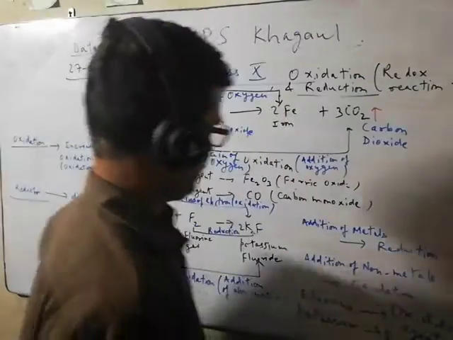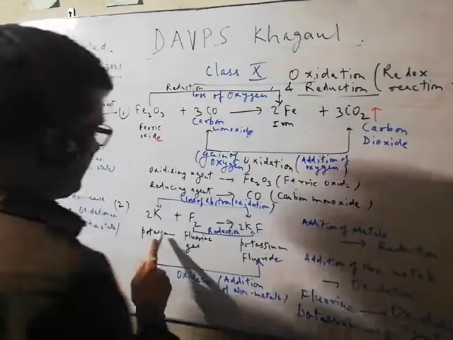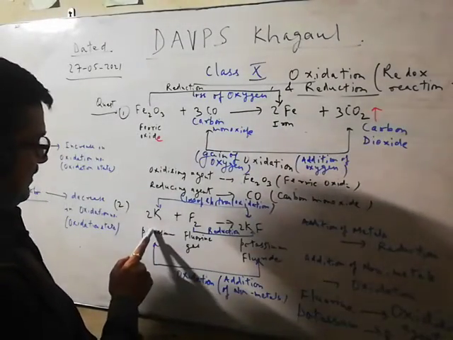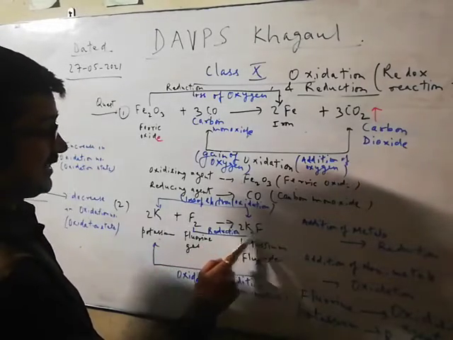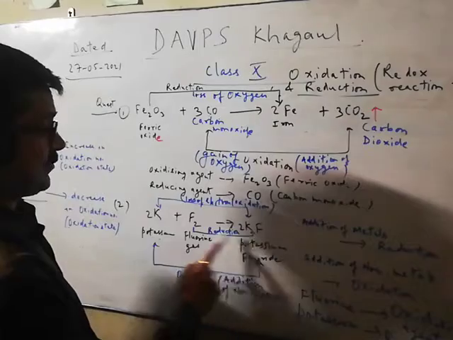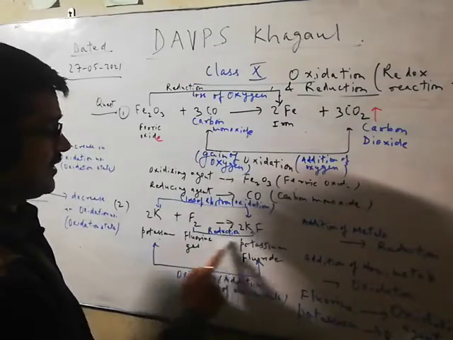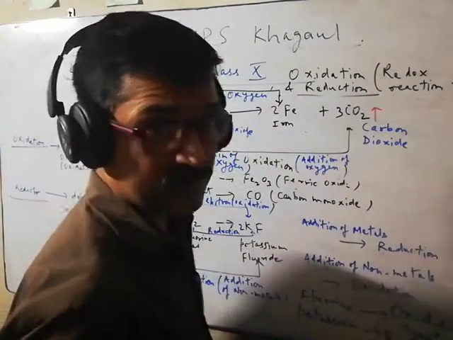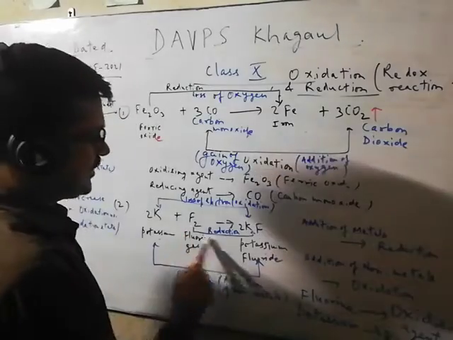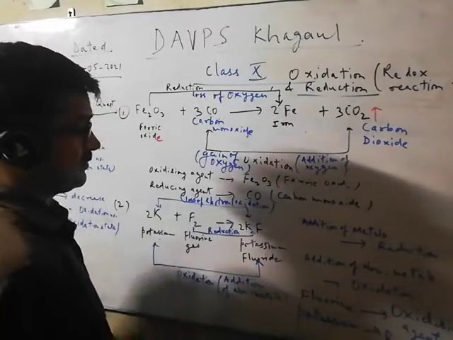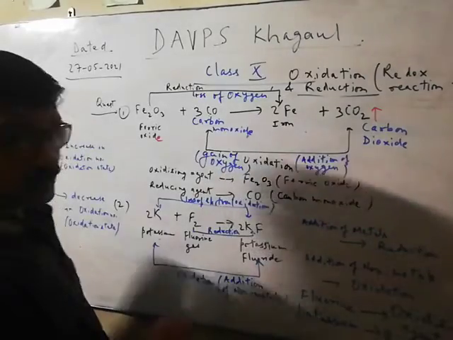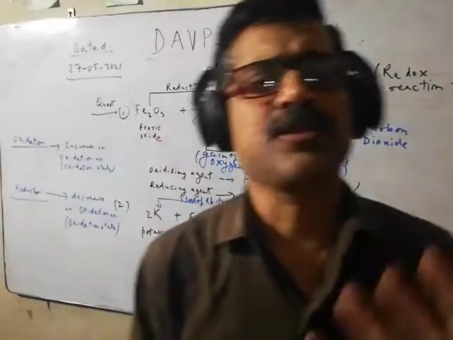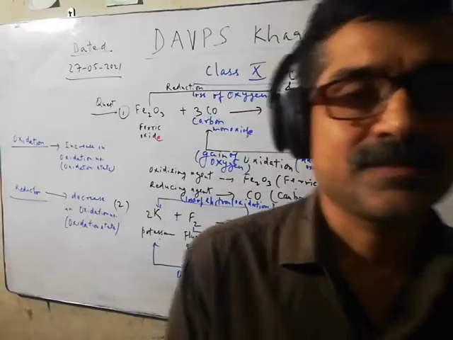So here, actually, we can say fluorine is gaining electrons, so fluorine is reduced because it is gaining electrons. Oxidation: loss of electrons is oxidation.